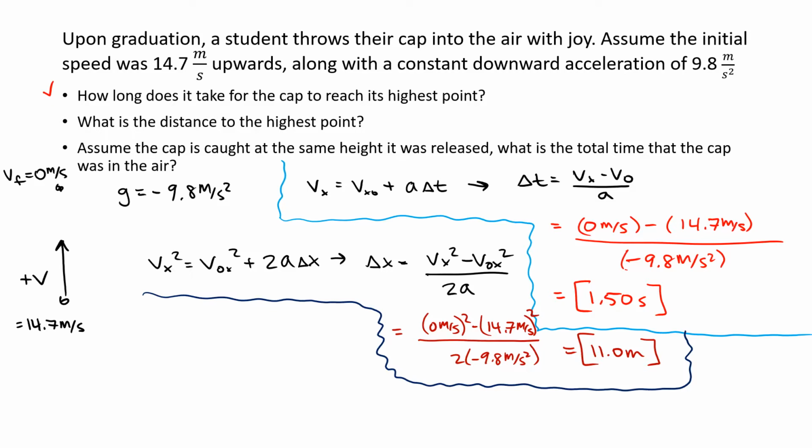I was just a little confused. Before, you wrote that a is equal to negative g. So is g equal to negative 9.8? G is equal to negative 9.8. Yes.